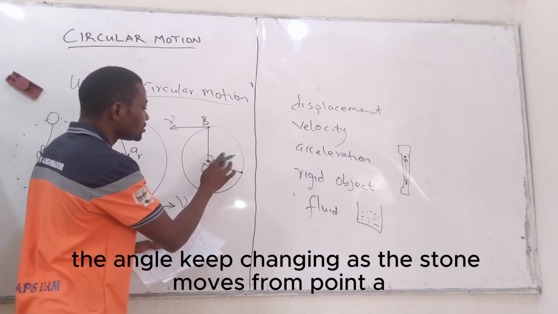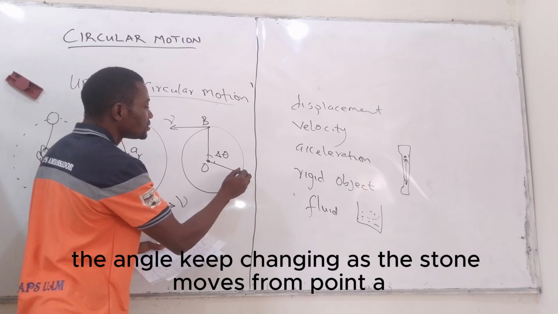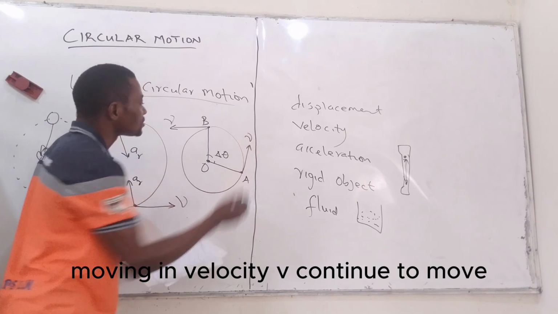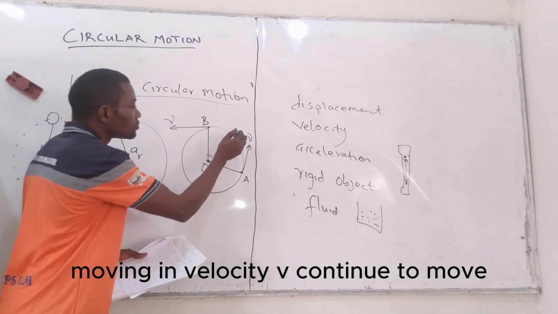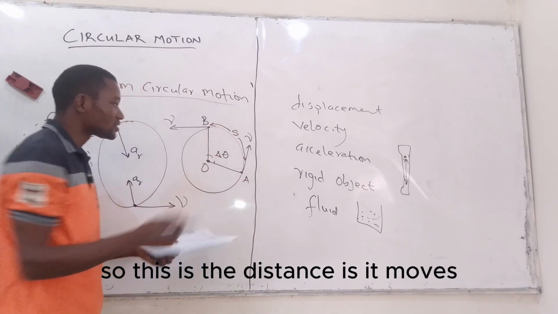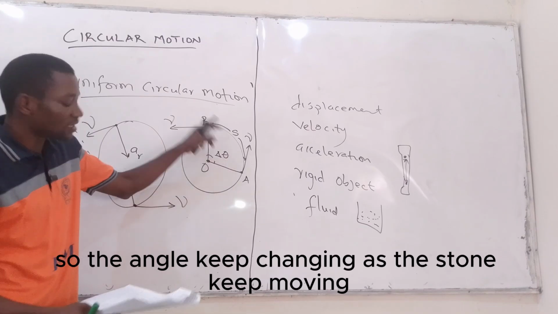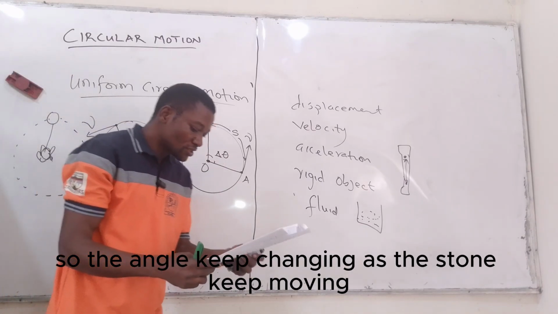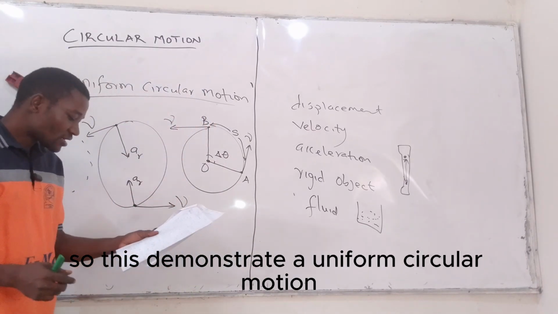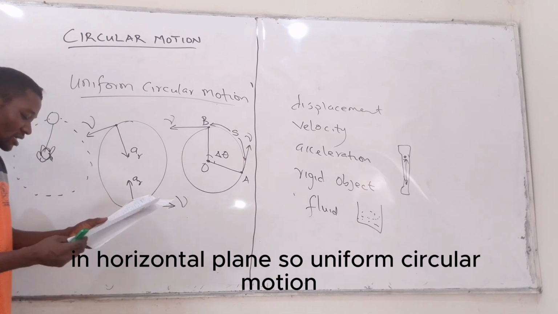The angle keeps changing as the stone moves from point A, moving with velocity V, and continues to move covering a distance x. So this is the distance it moves. The angle keeps changing as the stone keeps moving. So this demonstrates a uniform circular motion in a horizontal plane.